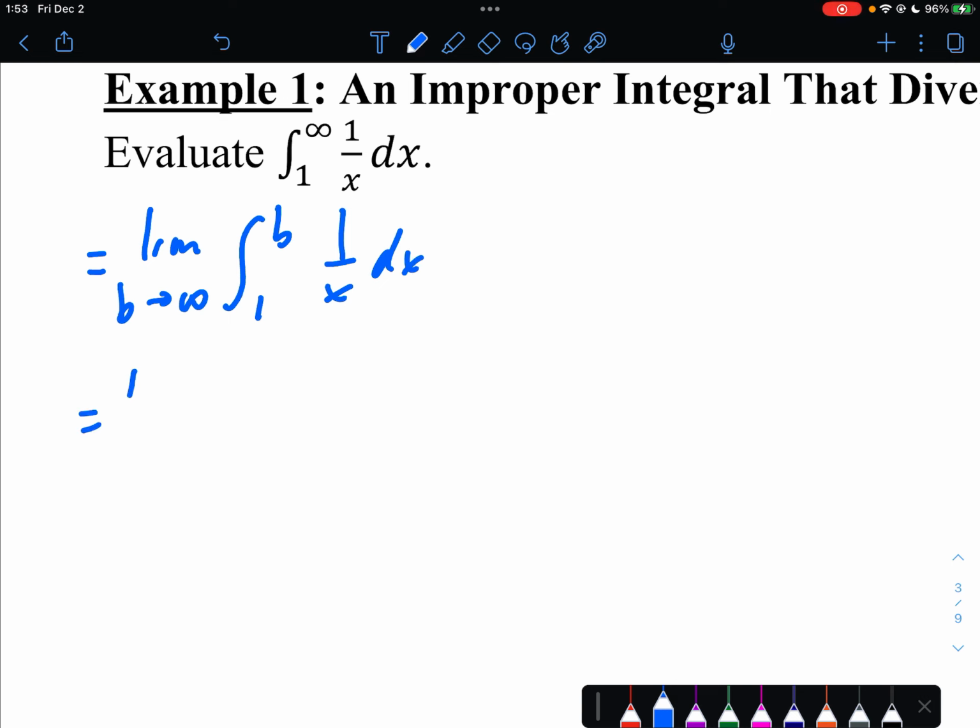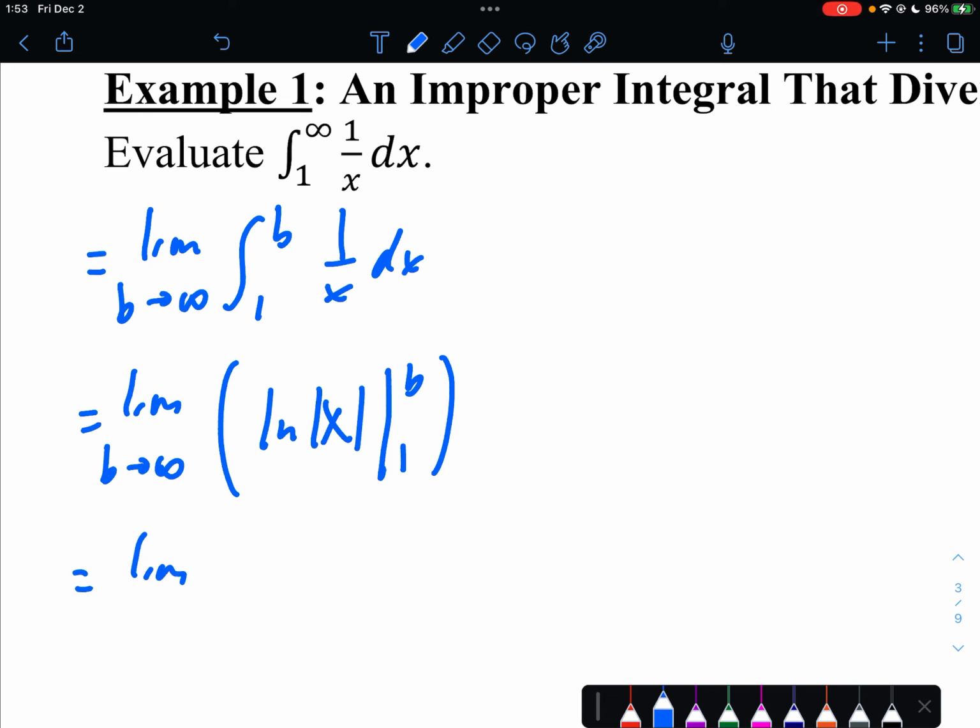All right, so we have the limit as b approaches infinity of ln absolute value of x from 1 to b.